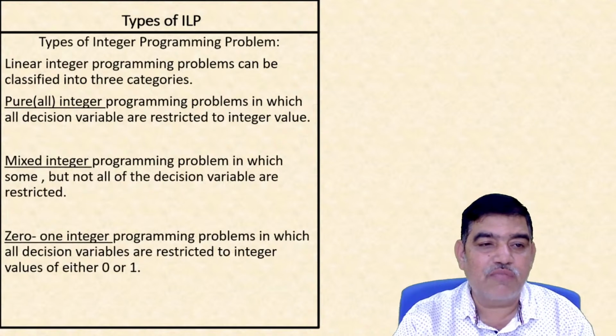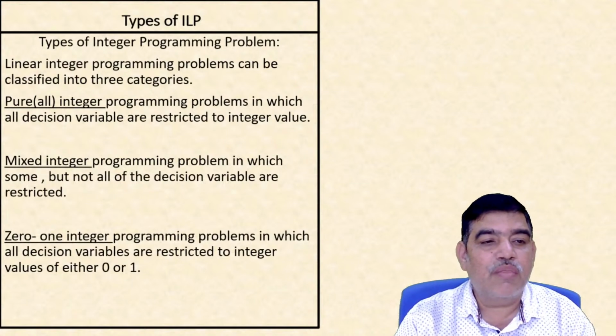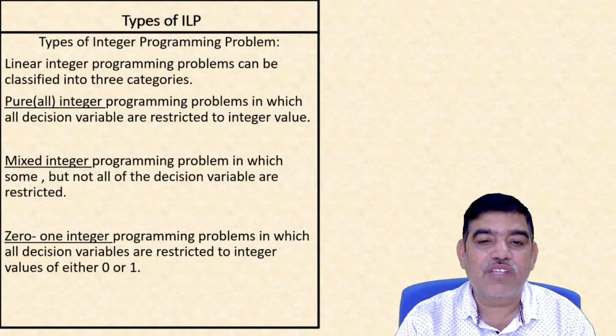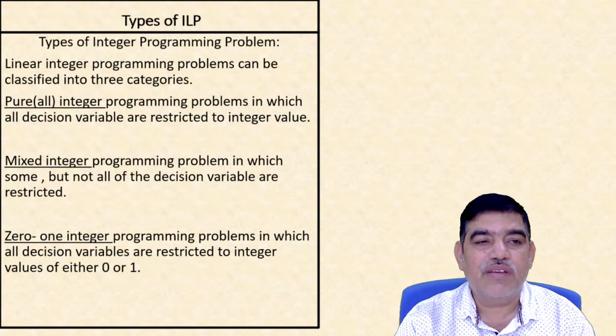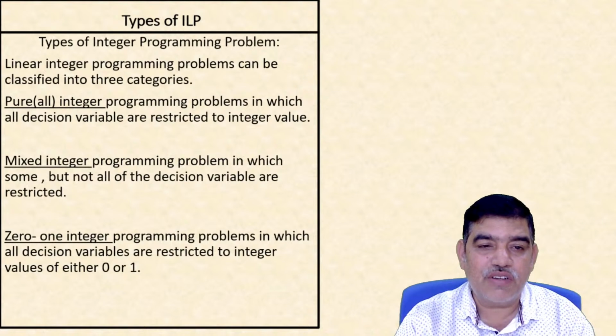So what are these? Pure, mixed, and 0-1. Pure means all the integer programming problems in which all decision variables are restricted to integer values. In integer linear programming, there are 3 types of equations. One is the objective function. Second is the constraint equations, which may be less than or equal to or greater than or equal to, and the conditional equations.